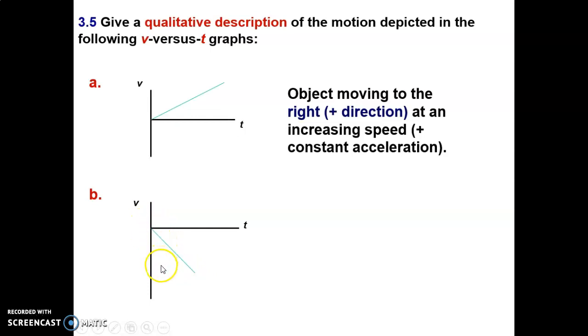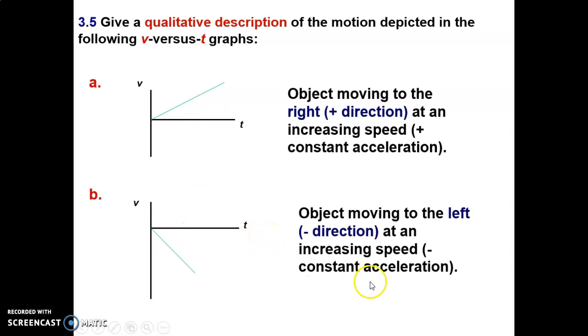I'm getting further and further away from it, which means I'm increasing my speed. But what's different? Direction. Both of these show increasing speed, but this one has a direction that's in the opposite way.